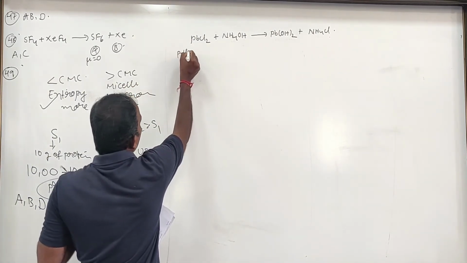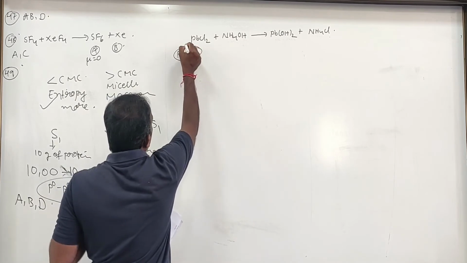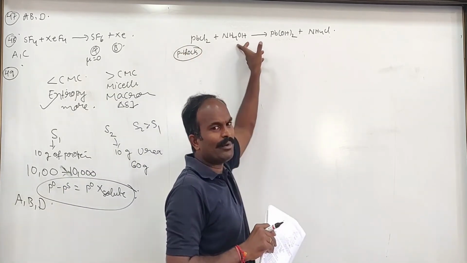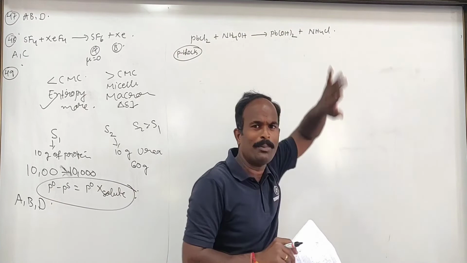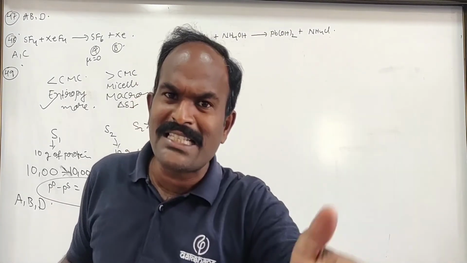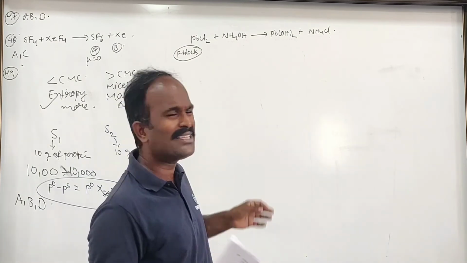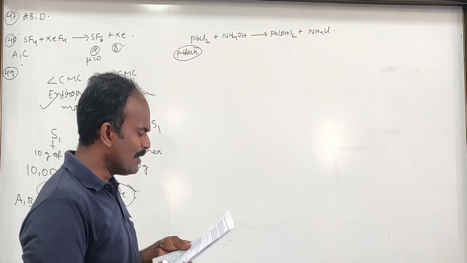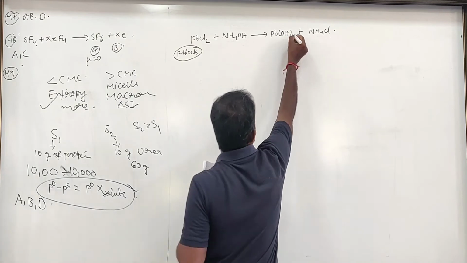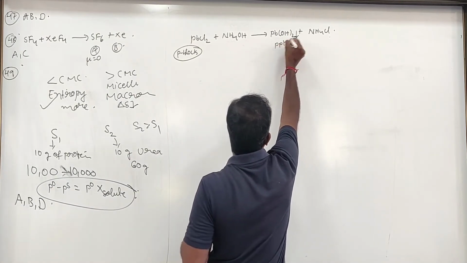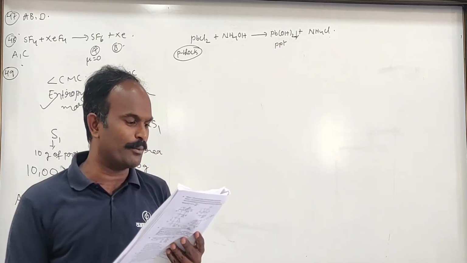P block metal. If I add, for example, a D block metal, with the same ammonium hydroxide, it is going to form an ammonia complex. Why is it not formed here? Since it is a P block. P block metals have less tendency to form complexes. So it's a simple logic. Precipitate is formed during the reaction. Yes, correct. Lead hydroxide precipitate will be formed.